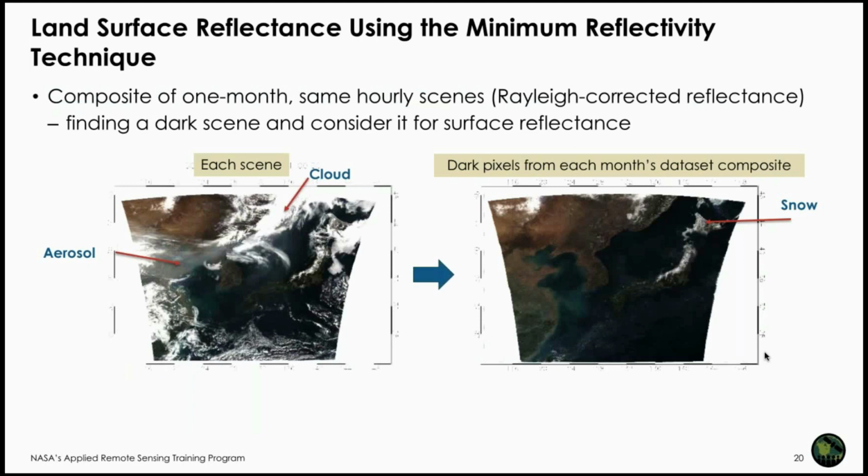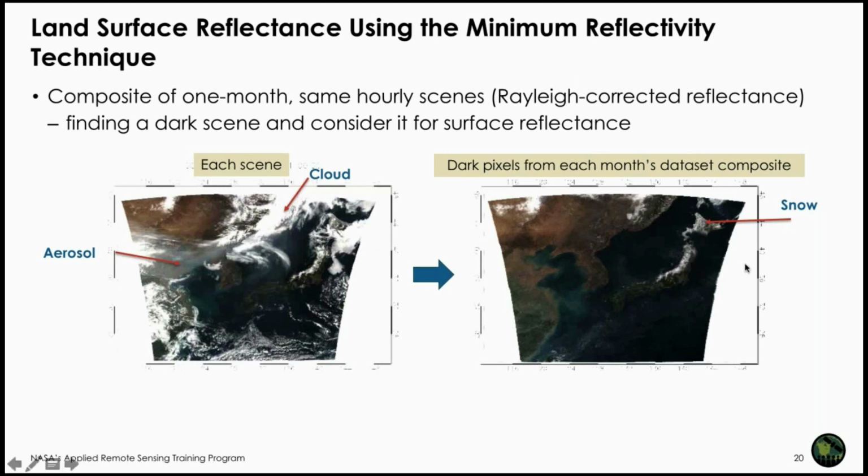This is one example of the land surface reflectance using the minimum reflectivity technique. We can see the aerosol and cloud signals in each scene, but we combine each scene's data for one month, for the same hourly scenes, after the Rayleigh scattering is corrected.